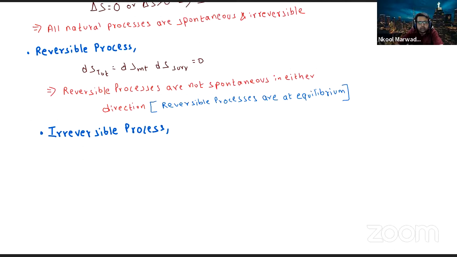It can be spontaneous. In an irreversible process, the total entropy can be greater than zero. That is possible.